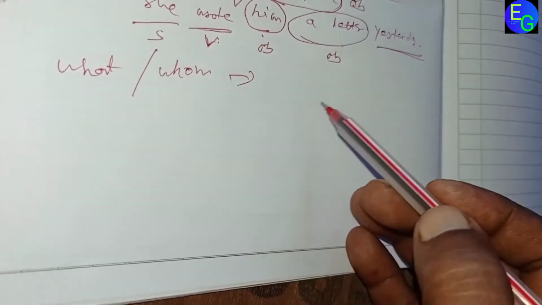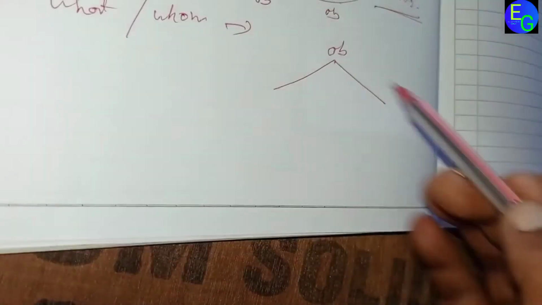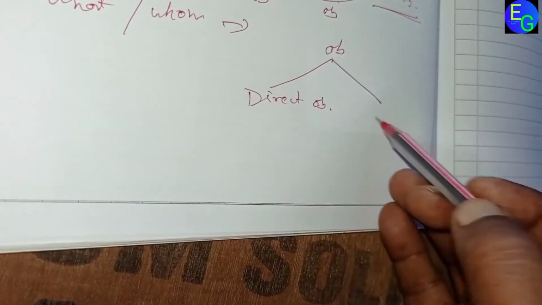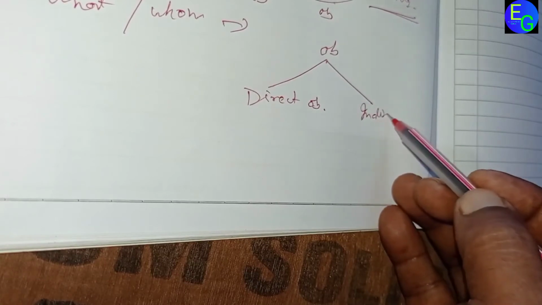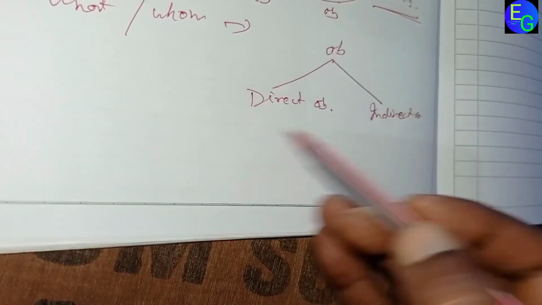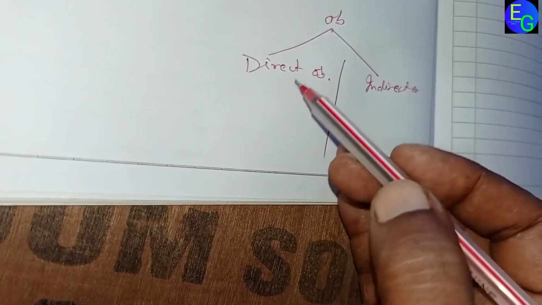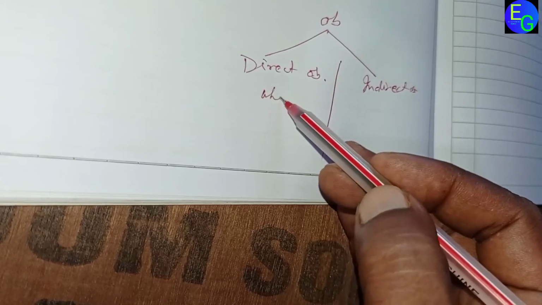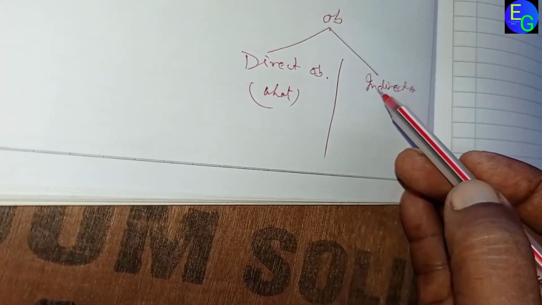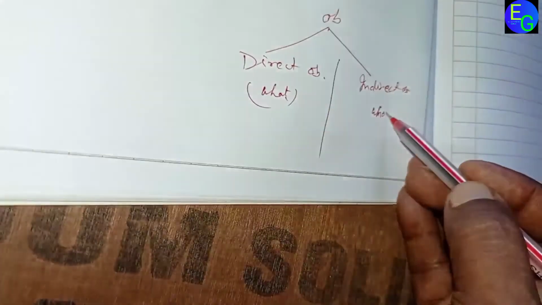So in this way objects can be of two types. Remember, one is direct object, another is indirect object. Then how to recognize a direct object? By putting the question what. But how to recognize an indirect object? By putting the question whom.